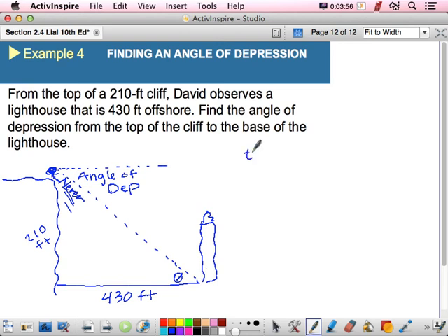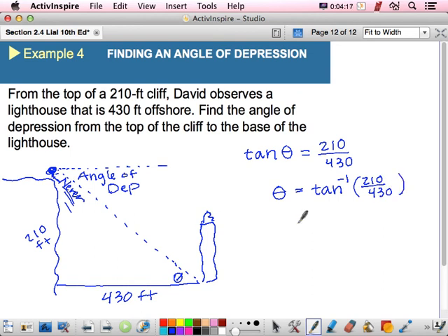So we know that tangent of theta is equal to opposite over adjacent. How do I solve that? How do you always find an angle? You second it. So inverse tangent of 210 over 430. And that is going to give us our angle of not only depression, but of elevation, because they are always the same.